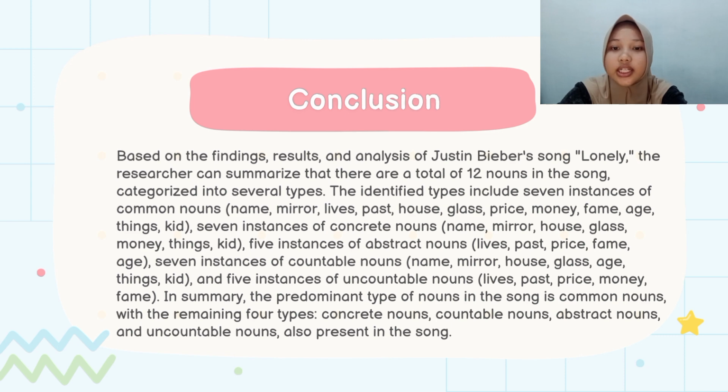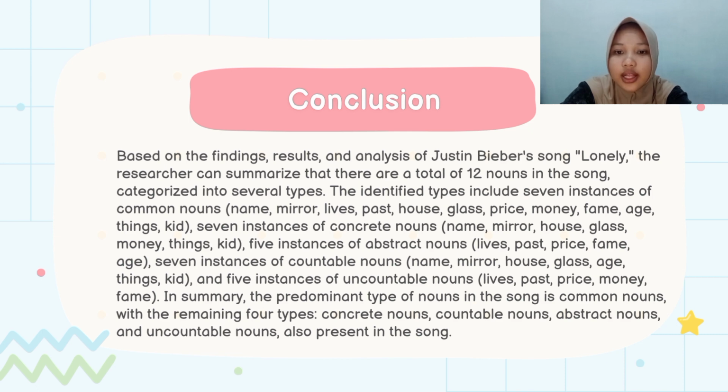The conclusion is, based on the findings, results, and analysis of Justin Bieber's song "Lonely", the researcher can summarize that there are a total of 12 nouns in the song, categorized into several types.